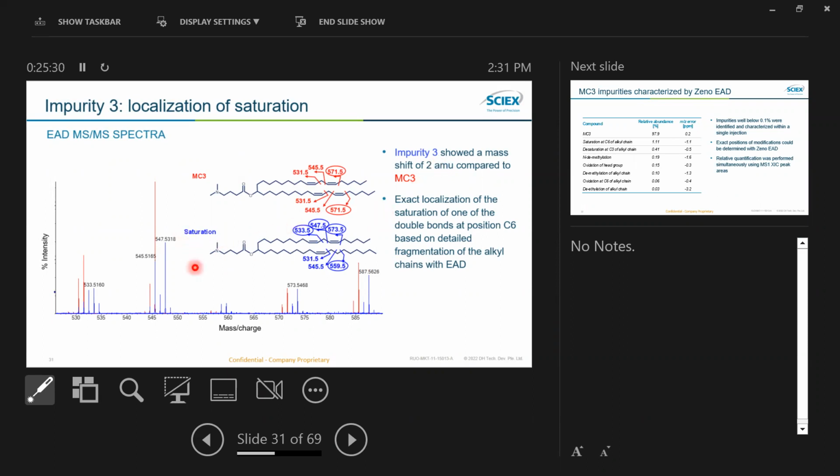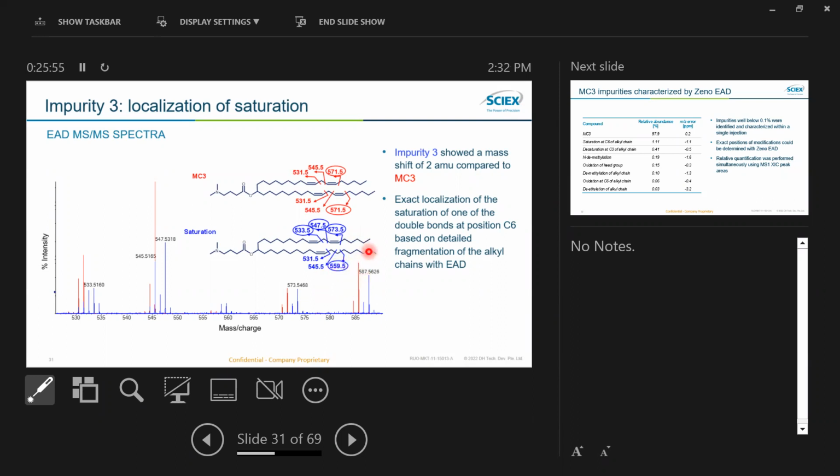If you overlay the 2 fragment ion spectra, you can see this +2 mass shift at the high mass range. So if we fragmented one of the carbon-carbon bonds over here, no matter which chain was fragmented, it would contain that saturation at C6.